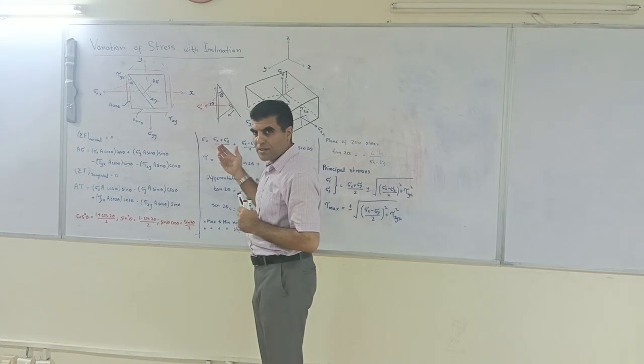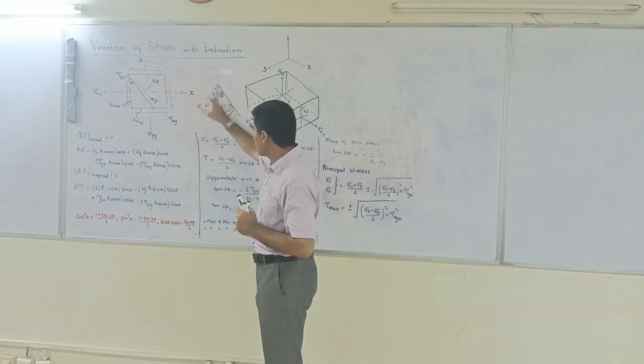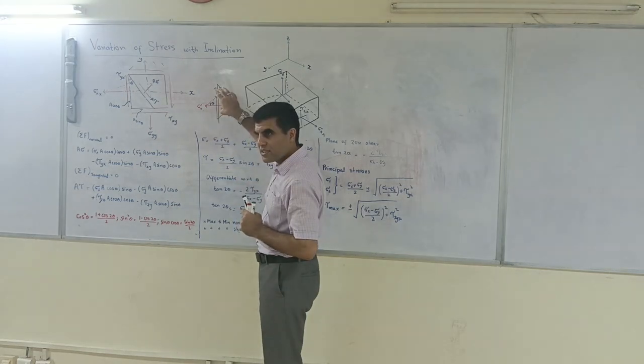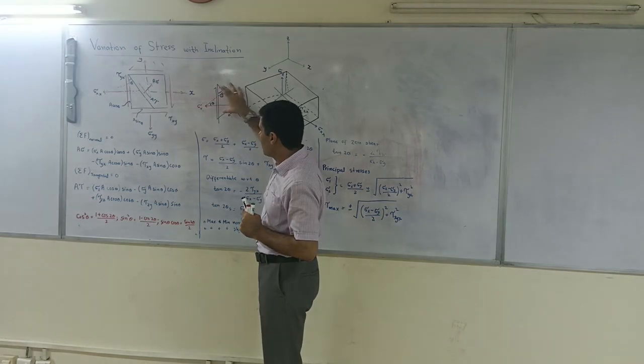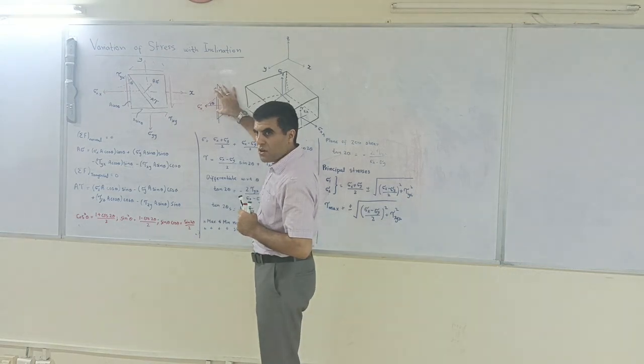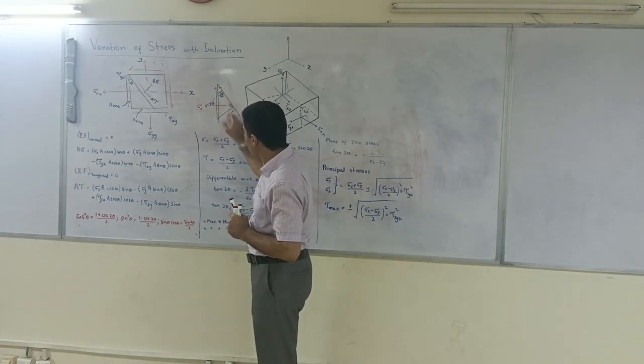This is just from the resultant. Based on the resultants, you have got this one and that one. These two add up to give you that. So this component is facing in this direction.